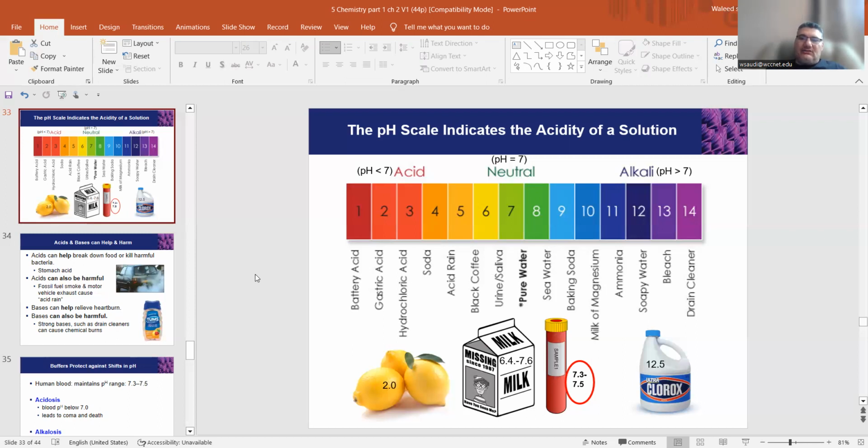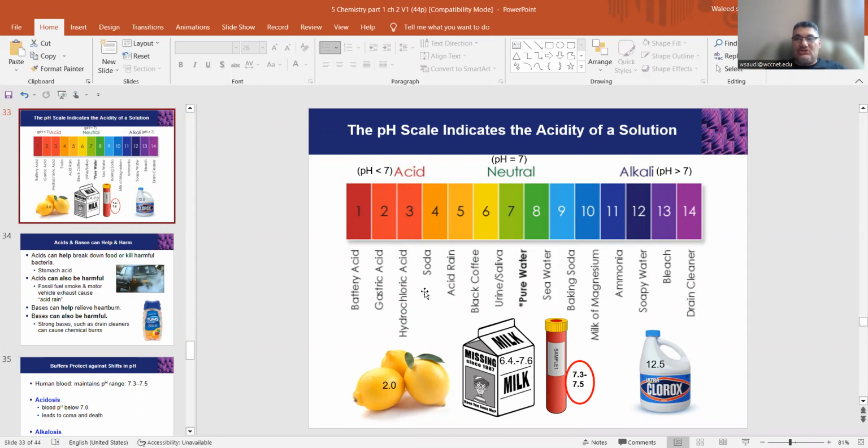But again, remember that in biology, you don't have to know all of this. It's just examples to understand the concept. What you're going to be asked about is the concept. I'm not going to ask you whether the black coffee is 5.6 or 6.5.